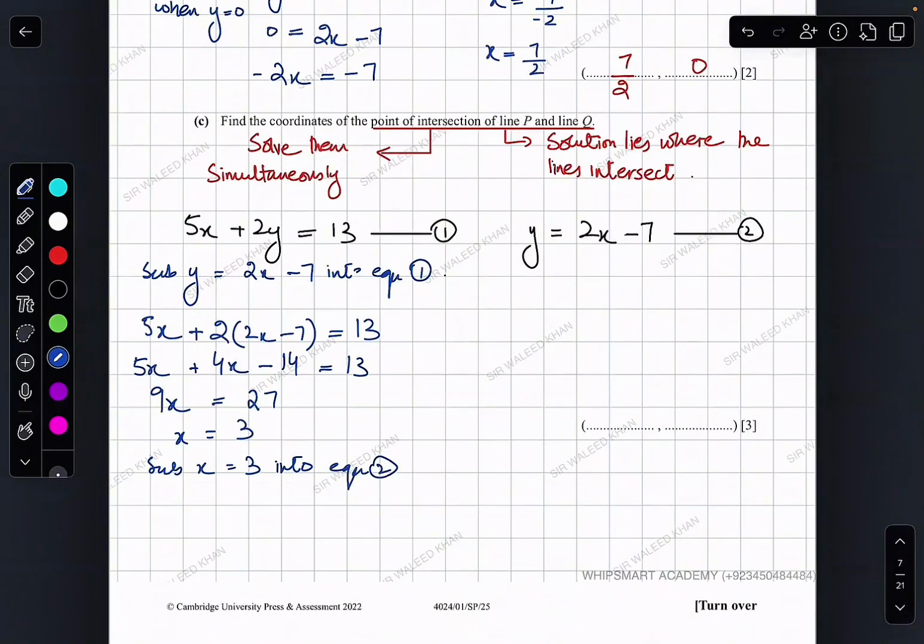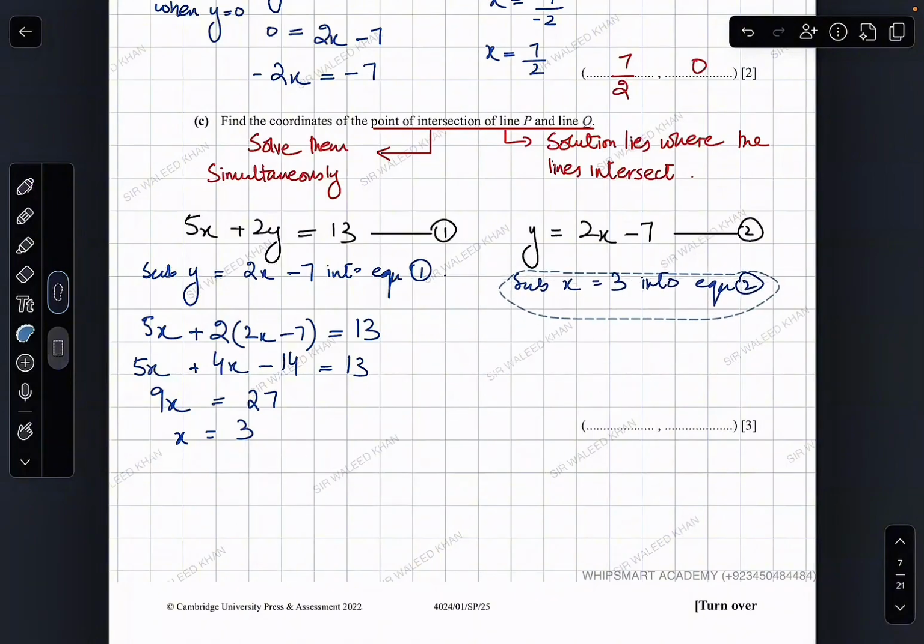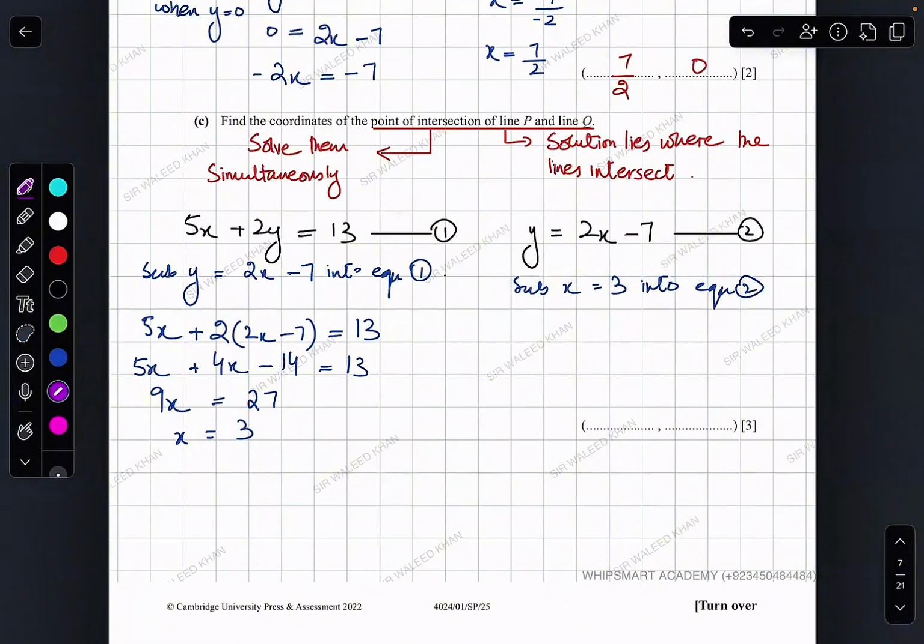You will save time. So equation number 2 is simpler. That is why I'll replace x is equal to 3 into equation number 2. So y is equal to 2 times 3 minus 7, 6 minus 7, and we have minus 1. So x is 3 and y is minus 1.